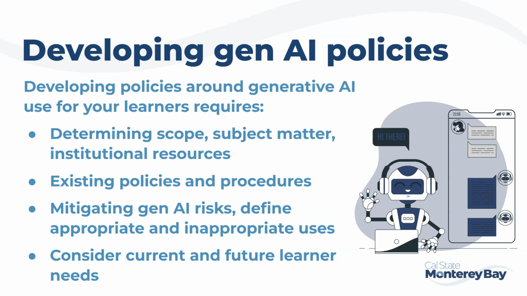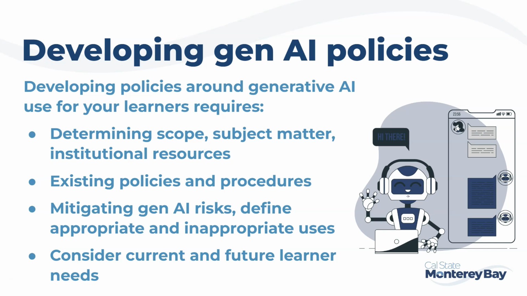One important piece to keep coming back to when crafting your policy is to remind yourself of the goal of your policy. You want to use this document to ultimately mitigate the risks of generative AI use, to define what makes for appropriate and inappropriate use of the tools, and to consider the needs of your current and future learners.